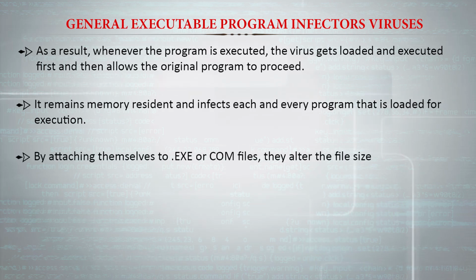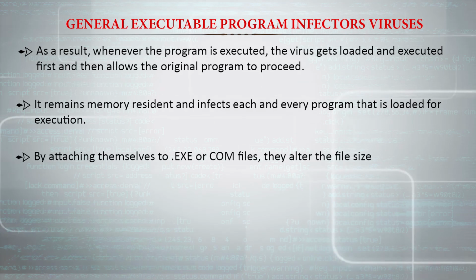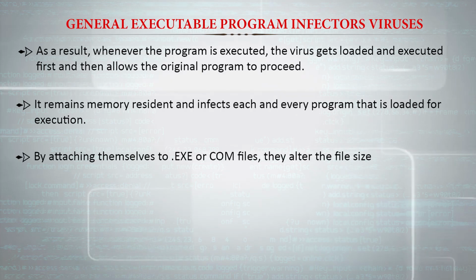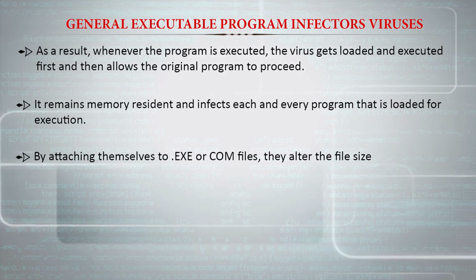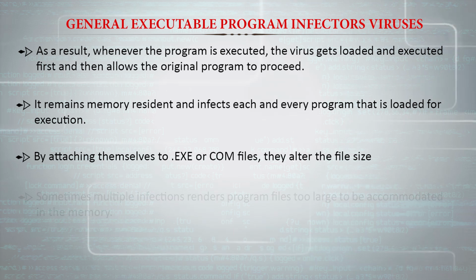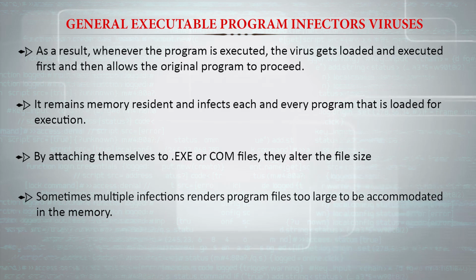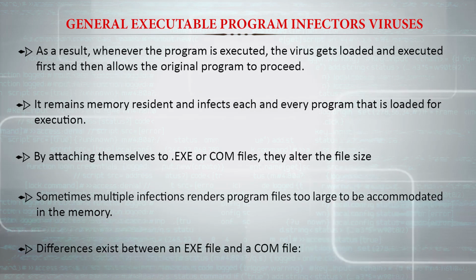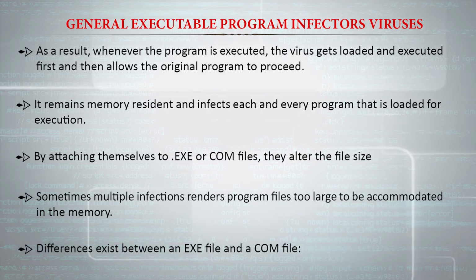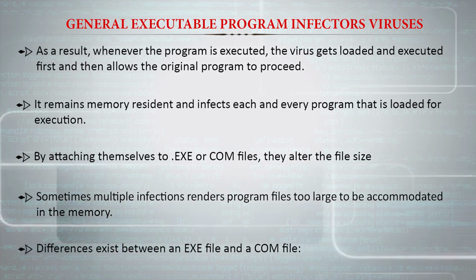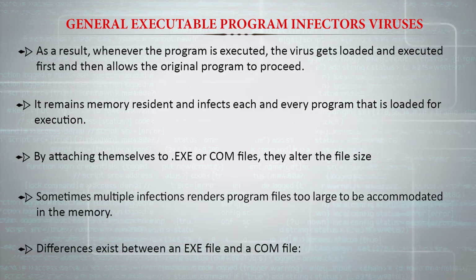By attaching themselves to .exe or .com files, they alter the size of the file. Sometimes multiple infections render program files too large to be accommodated in the memory. There is some difference between the .exe file and the .com file that existed in earlier operating systems.